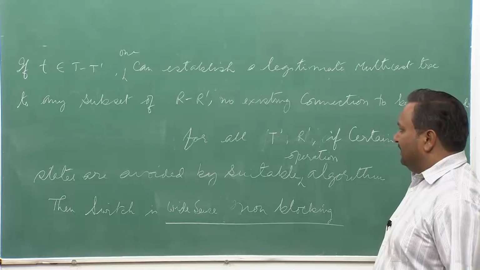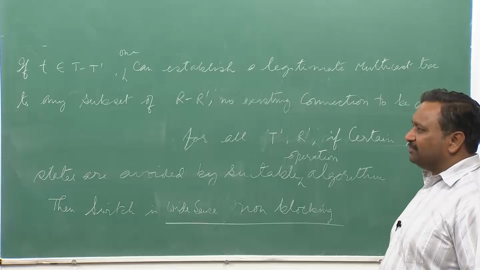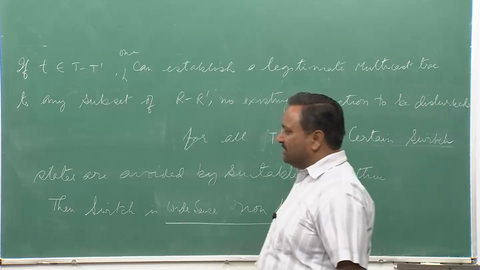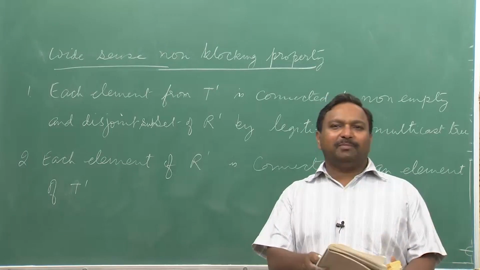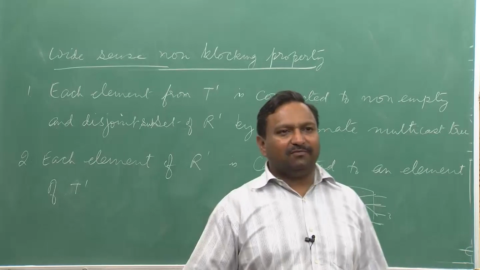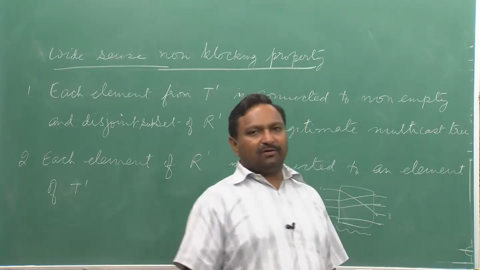And of course, the fourth category is the blocking switch, when there will be situations when input and output are free, whatever you do you will not be able to set up the connection. This will happen once in a while, then it is a blocking configuration.